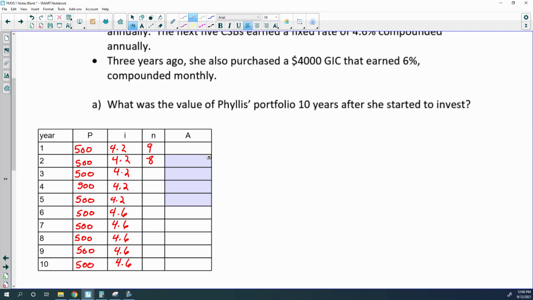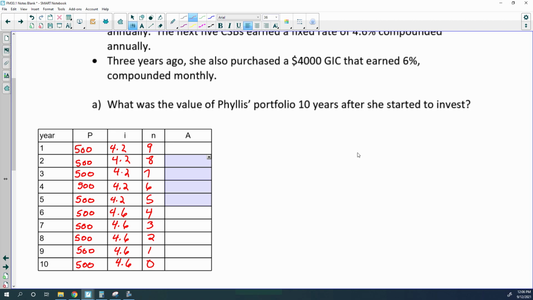The third one is at the end of the third year, so there are 7 years to go, and so forth. For the very last one, because she bought it at the end of the 10th year, which is as long as this portfolio is going, that last one doesn't earn any interest whatsoever.